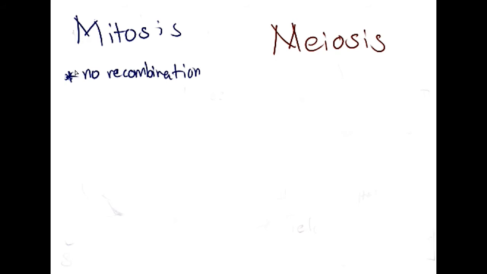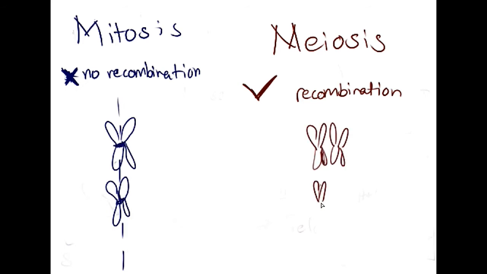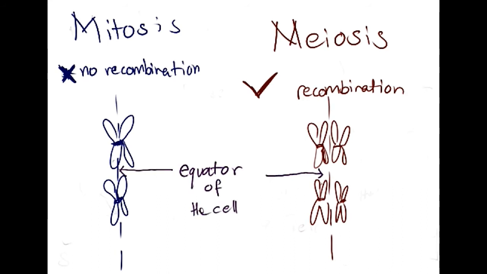Recombination or crossing over, aka genetic shuffling or exchange, does not occur during mitosis, though it does happen in prophase 1 of meiosis. And last but not the least, during the metaphase stage of mitosis, individual pairs of chromosomes line up along the equator, but in meiosis, dual pairs of chromosomes line up along the equator.